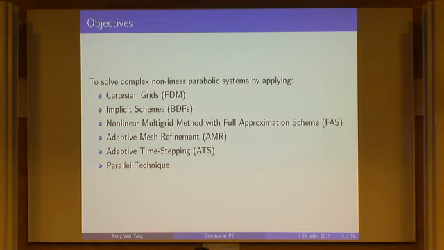Let me narrow it a little bit, and let's look at parabolic systems, and in particular phase field or phase field-like systems. One of the things that may be debatable: using finite difference is quite efficient for phase field methods.